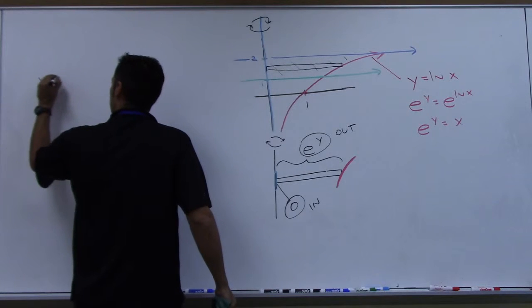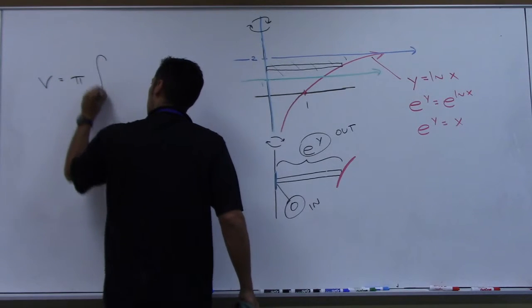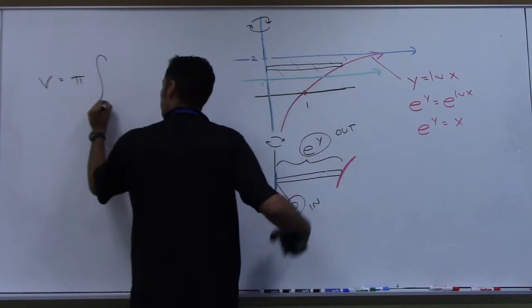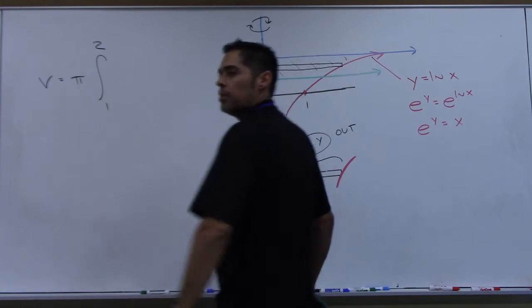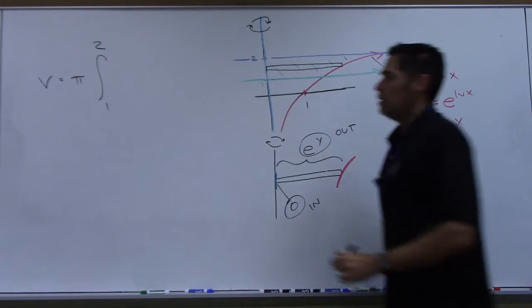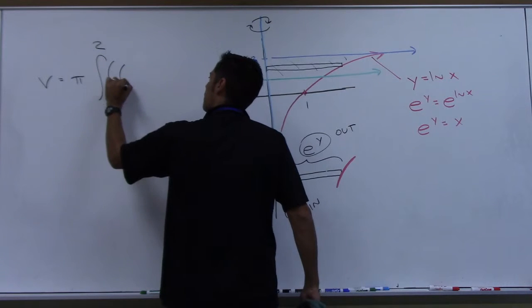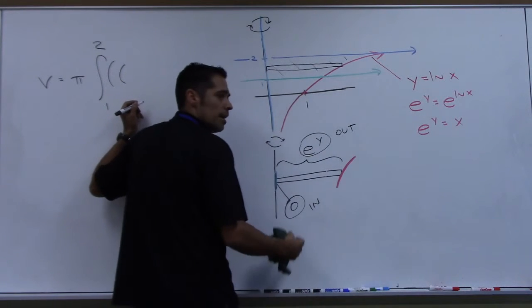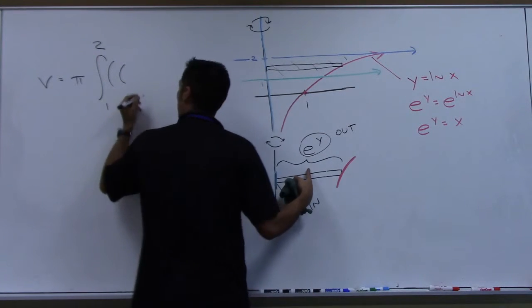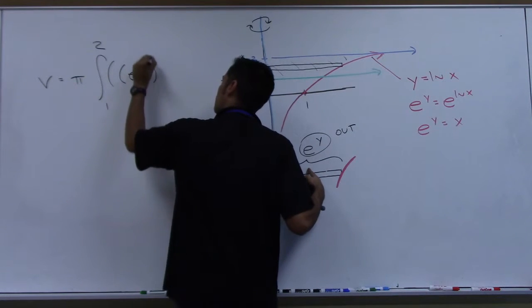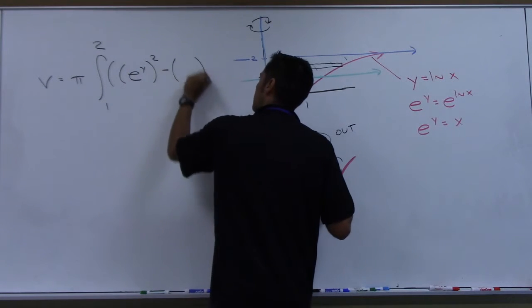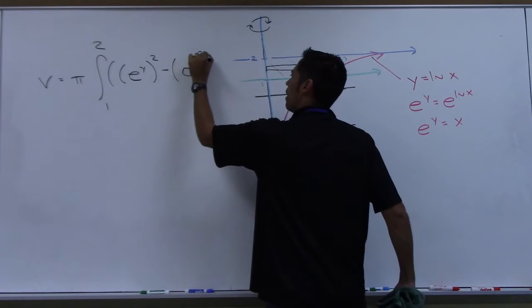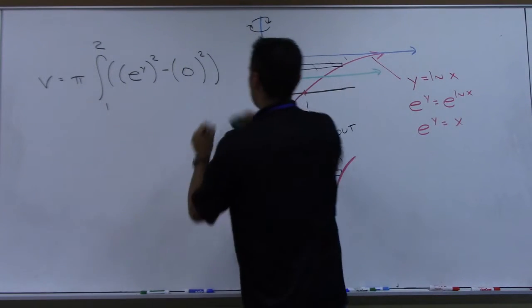The volume will be pi integral. You said 1 to 2, right? 1 to 2. Outer radius squared. Outer radius, e to the y. So e to the y squared minus, what was the inner radius? 0 squared, and then dy.